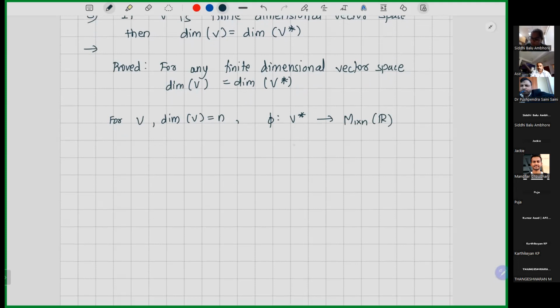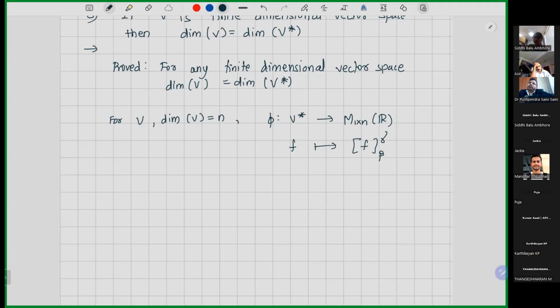So corresponding to this F, I map it to its corresponding linear transformation matrix.